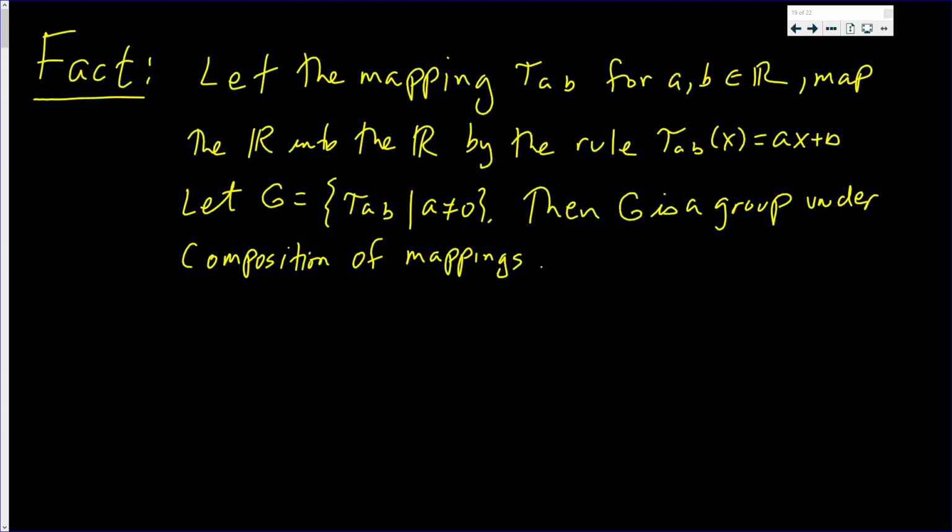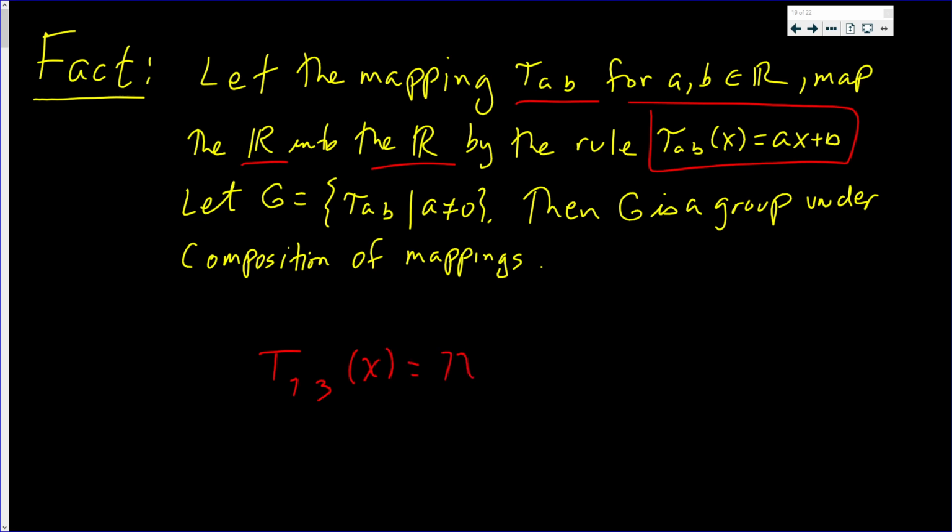In this video, we're going to prove the following fact. Let the mapping tau of a, b, for all a, b in R, map the reals into the reals by this rule. Okay, that is tau of 7, 3 on x.